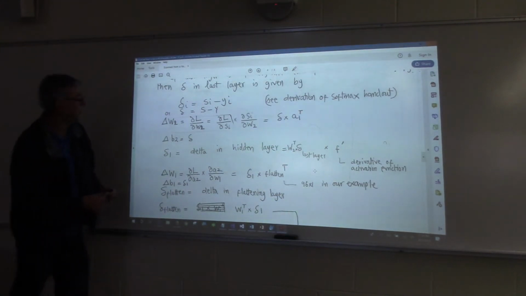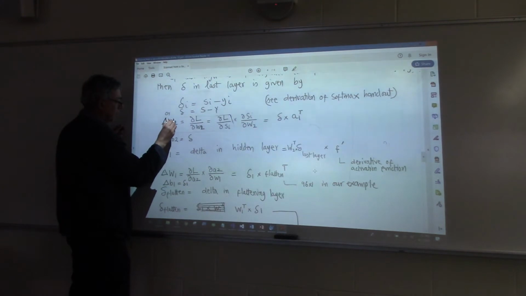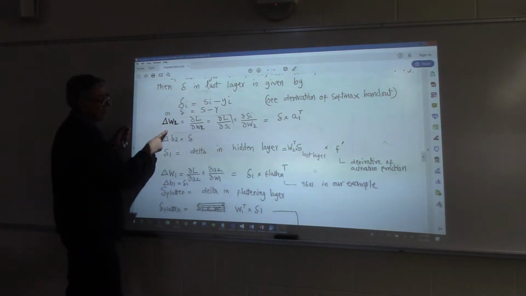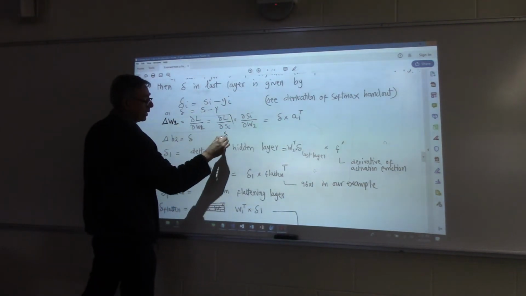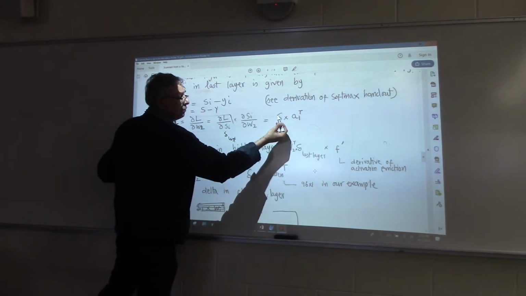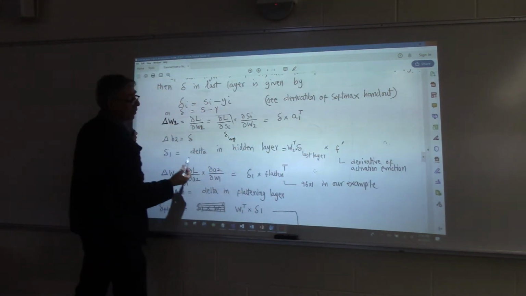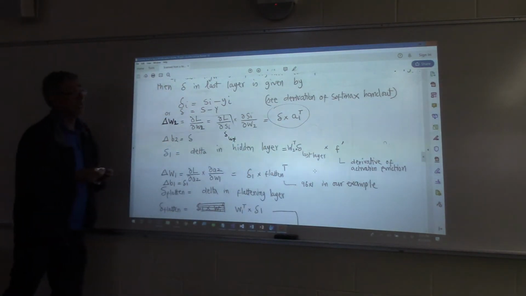Okay, so let's see if you agree with this part. Delta W2 equals the delta in the last layer multiplied by the previous input feeding to the last layer. And what's the previous input?